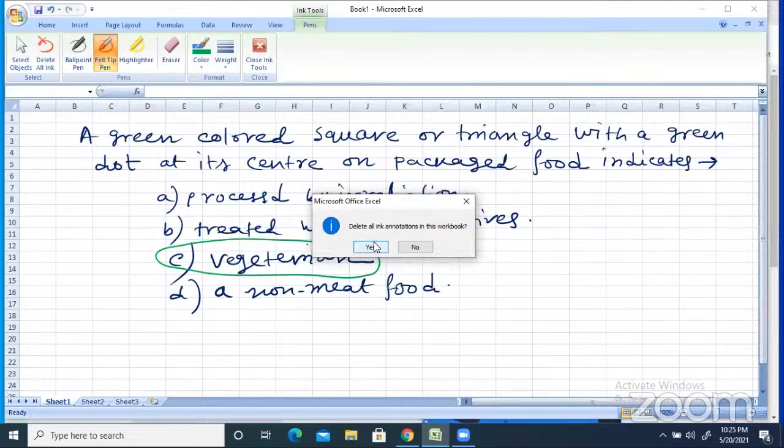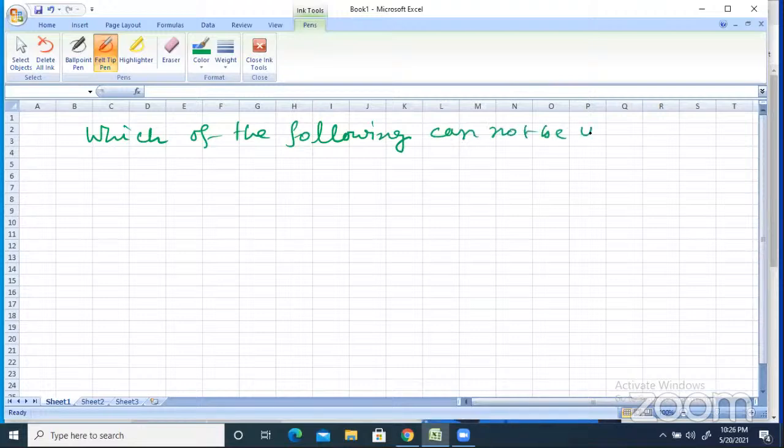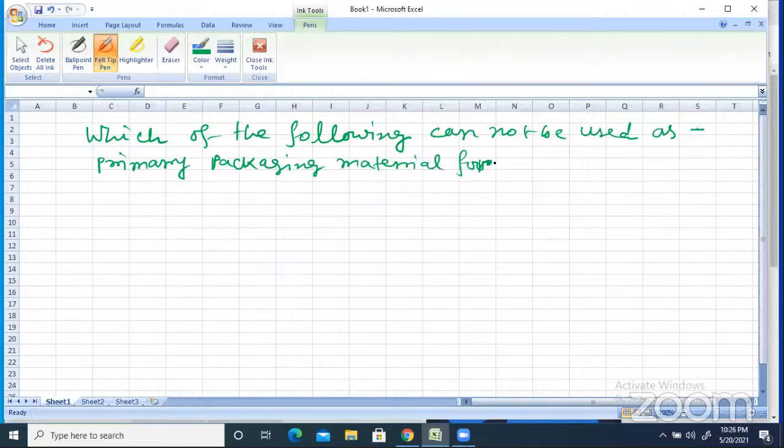Now you write. Which of the following cannot be used as primary packaging material for food?